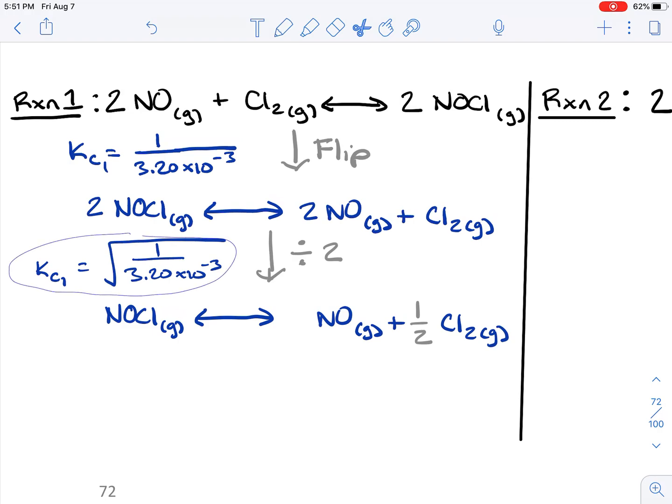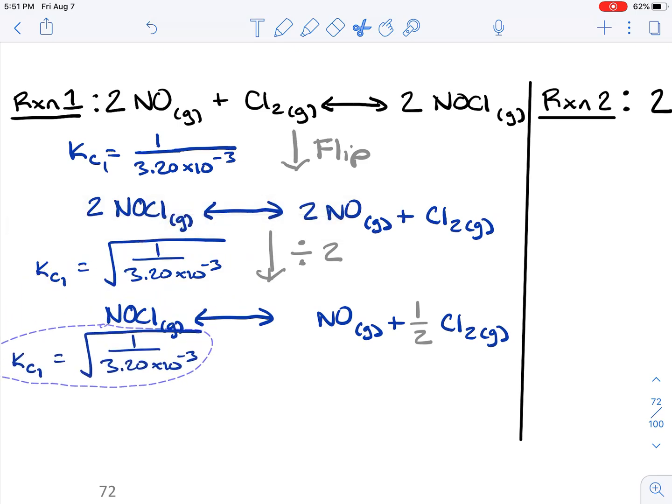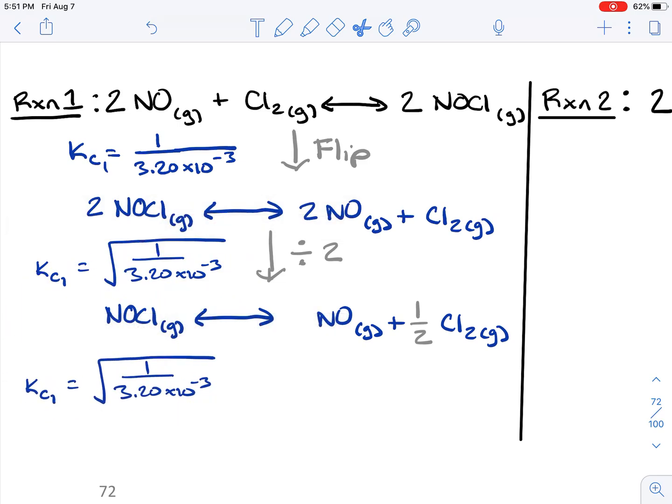And so overall, I'm going to duplicate this. The value of Kc1, after performing both of these manipulations, I'm just going to punch into the calculator real quick. So square root of 1 over 3.20 times 10 to the negative 3.